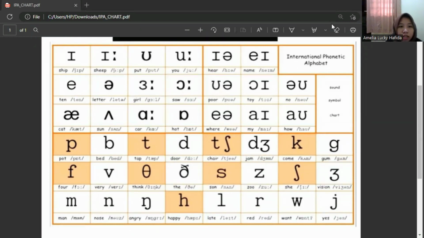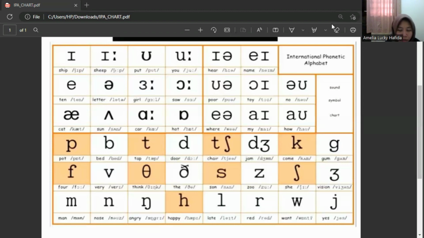Example for this is sheep, sheep, sheep. Next, short vowel u. For example, put, put, put. Next is long vowel u.